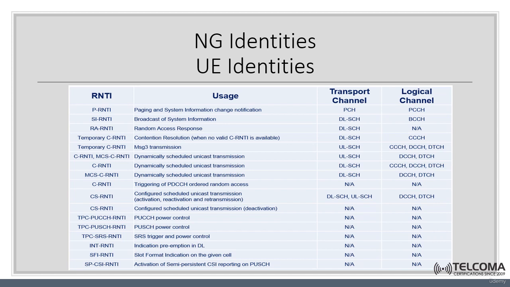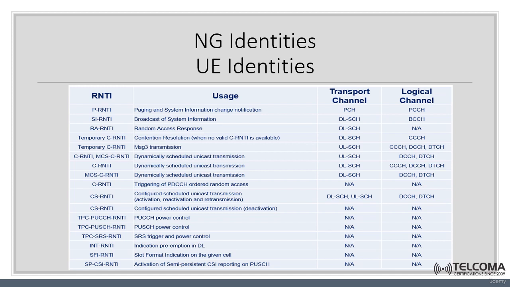We have also some RNTIs which are used dynamically for scheduling the unicast transmission, like the MCS-C-RNTI and CS-RNTI, and we have also some other RNTIs which are used for power control, like TPC-PUCCH-RNTI and TPC-SRS-RNTI.